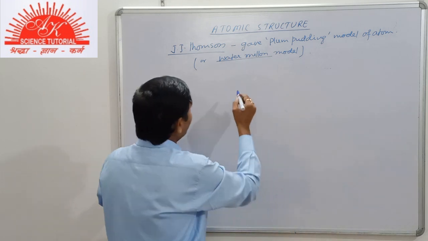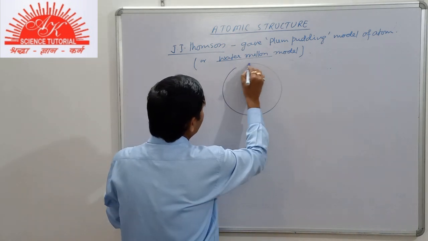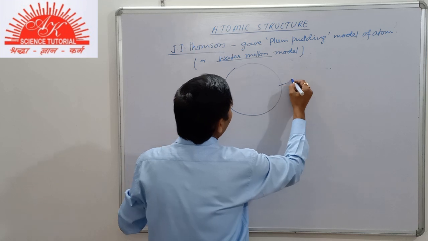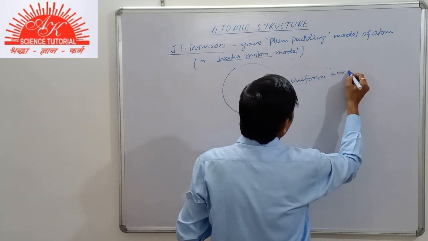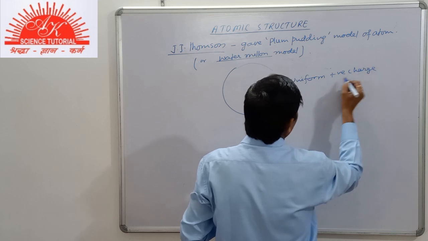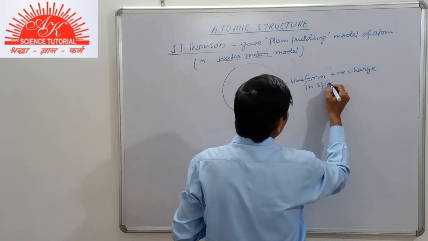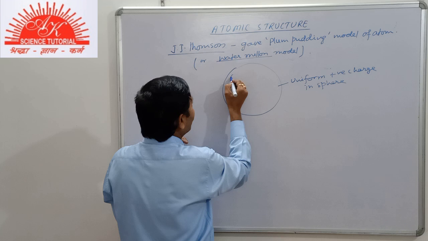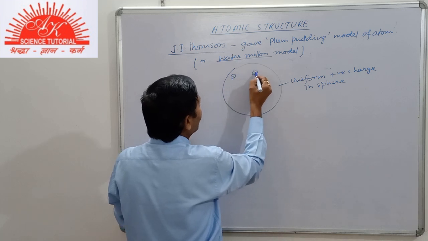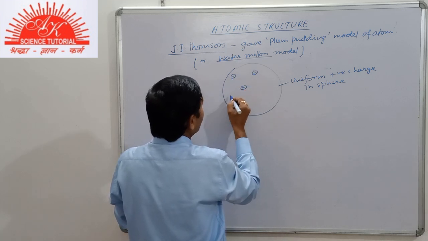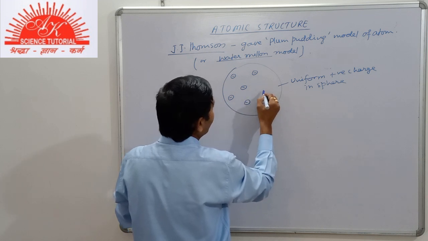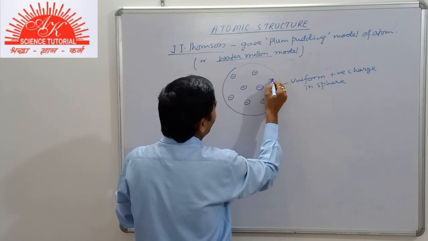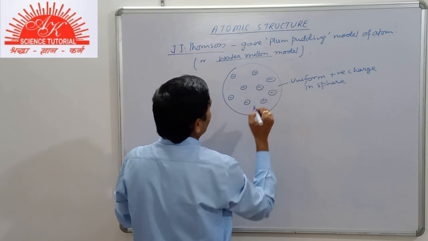So in this watermelon model, we see that there is uniform positive charge in a sphere, and the negatively charged particles, that is the electrons, were embedded in it at regular intervals or at different places.